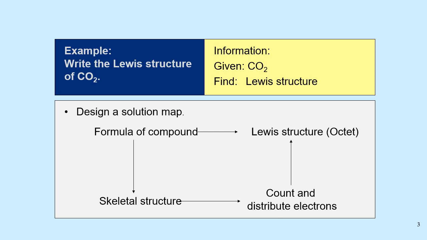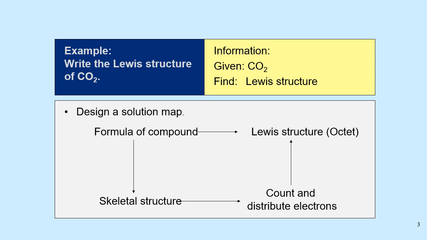If we are given a question like this, CO2, and the question asks us to write the Lewis structure, the first thing that we need to do is design a solution map. First, we need to know the formula of the compound, CO2: carbon and oxygen. How many oxygen? 2. How many carbon? 1.